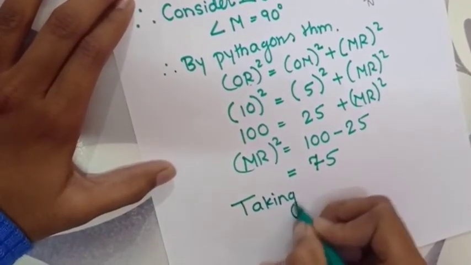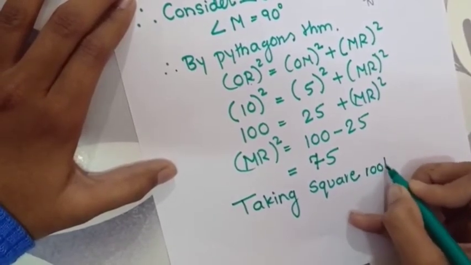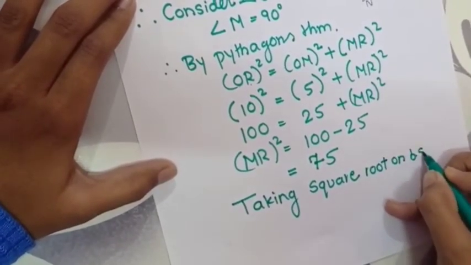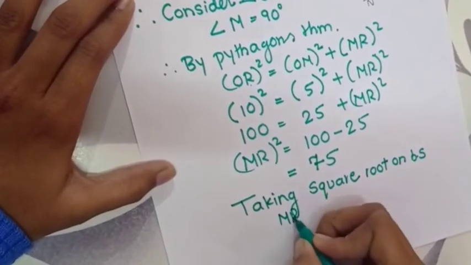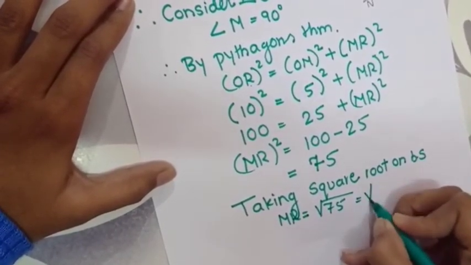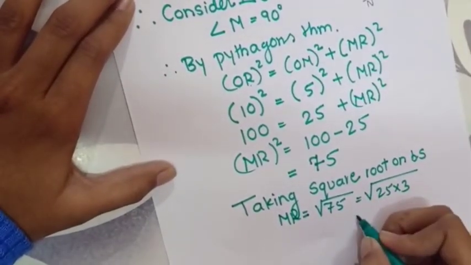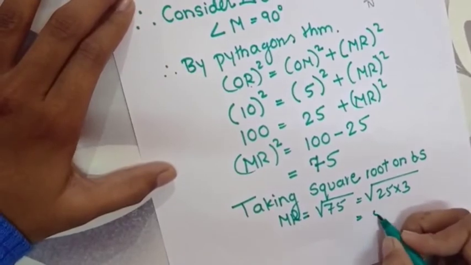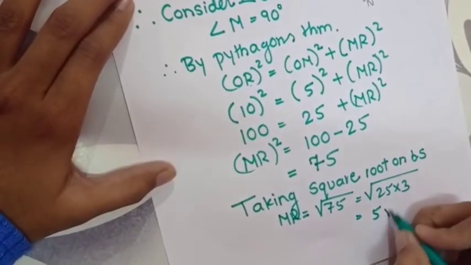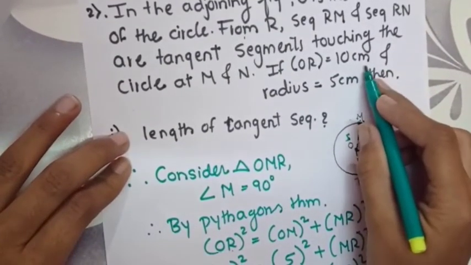Taking the square root on both sides, MR is equal to root 75, which is equal to root of 25 times 3, which is 5 root 3. The unit is centimeter.